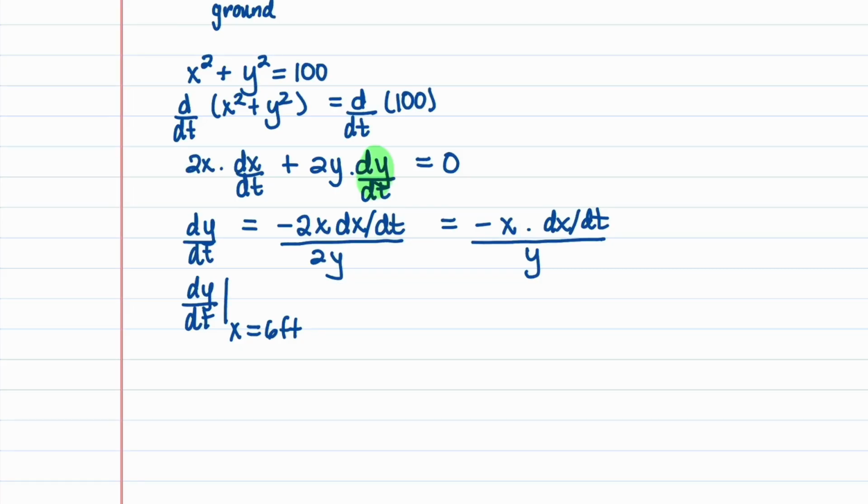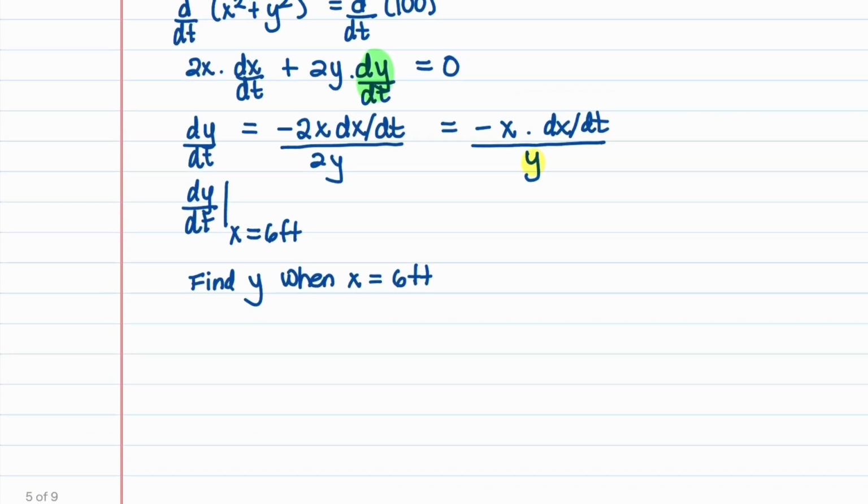We have an x in our equation, but we also have a y, and we don't know what y is. So we have to use our equation that relates x and y to find what y is when x is 6 feet.